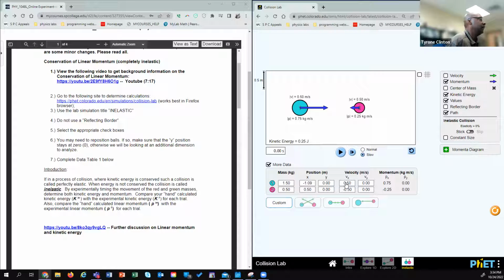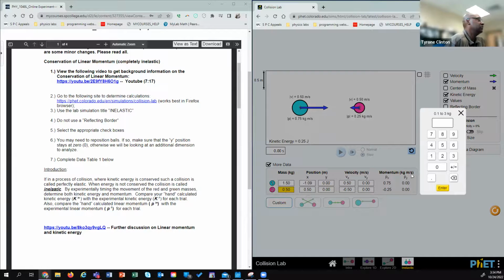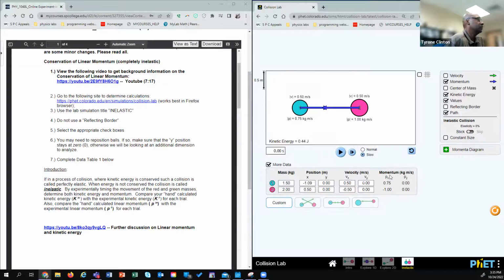The velocity in the X direction is strictly positive 0.5. It has no component in the Y direction. You can see what the component in the X direction is, and obviously in the Y direction, it would be 0.